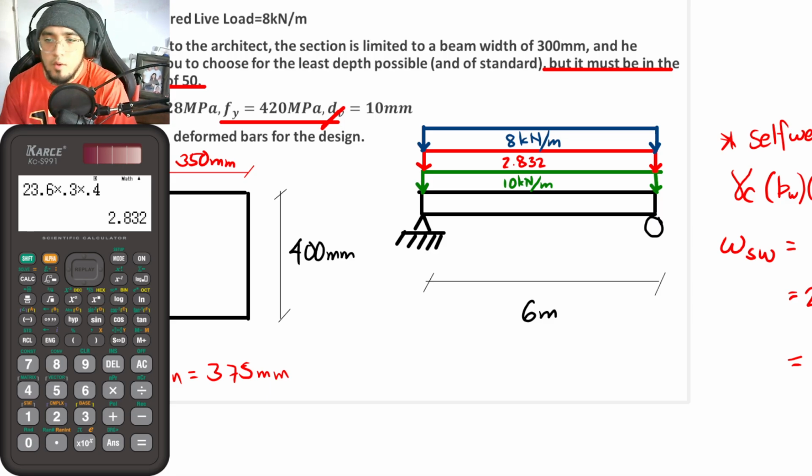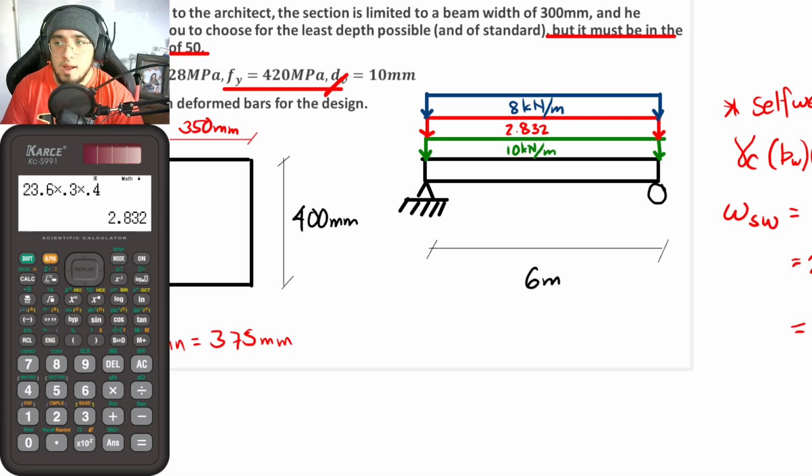Our next step here is for us now to solve for the ultimate uniformly distributed load. So what I mean here is that omega u is equal to the factored loads.